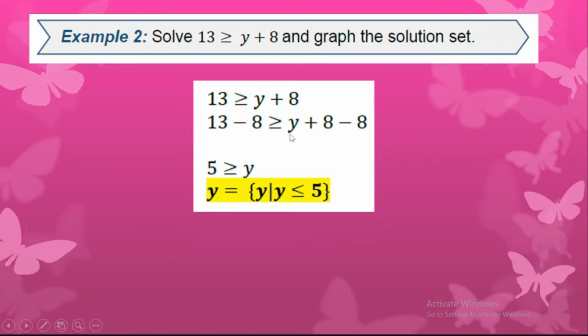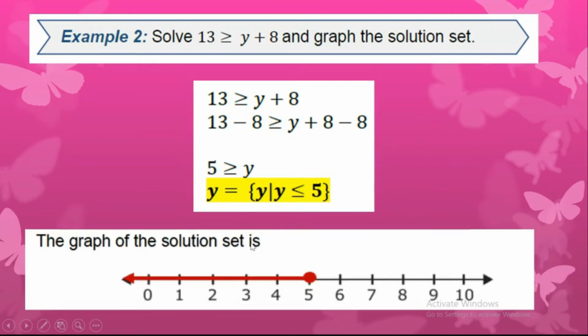So we now have 13 minus 8, that's 5, is greater than or equal to y. This 8 and negative 8 will be cancelled. Therefore, the solution set of y is y such that y is less than or equal to 5.